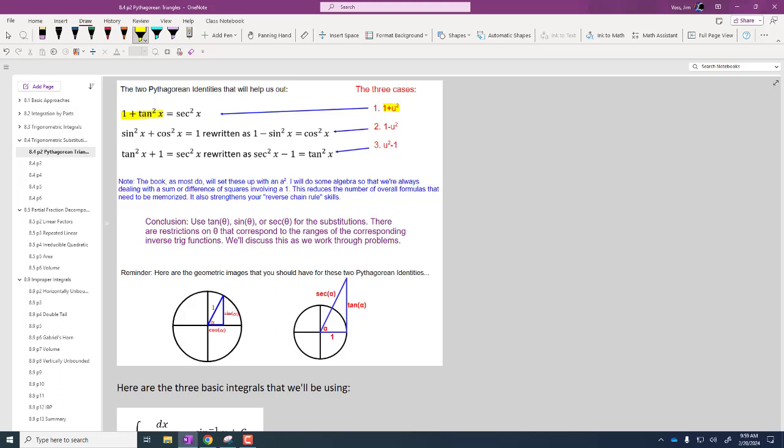And this gets at our strategy. Our strategy is that we are going to have a sum of squares or a difference of squares, and what we'd like to do is collapse them into one term. If we think about denominators and integrals, if we have 2 terms, we can't split the fraction. If there's a 1 plus, say, x squared in the denominator, we can't split it apart.